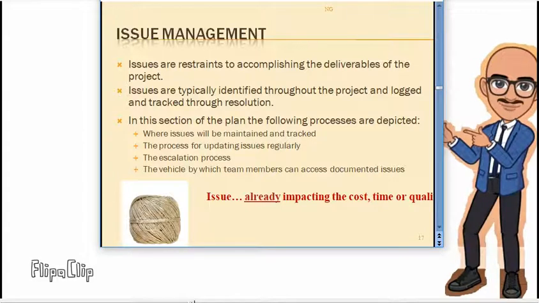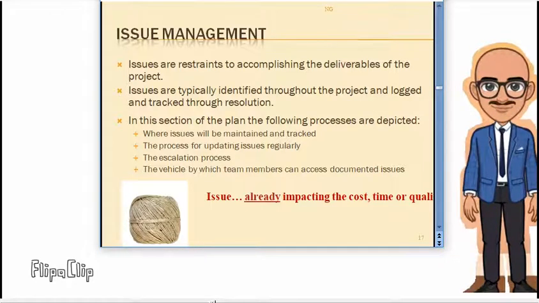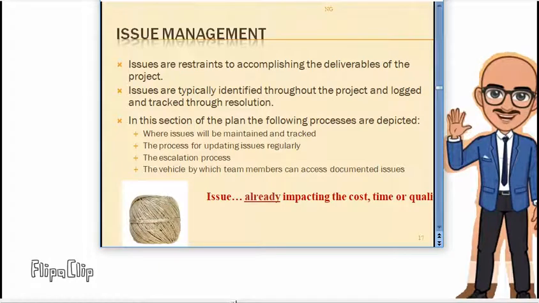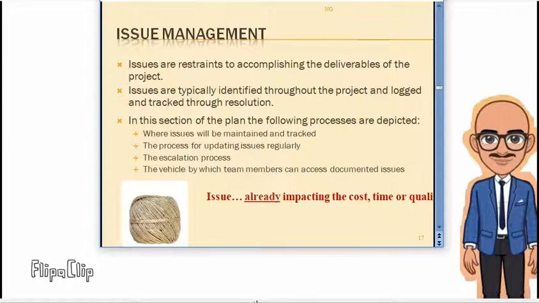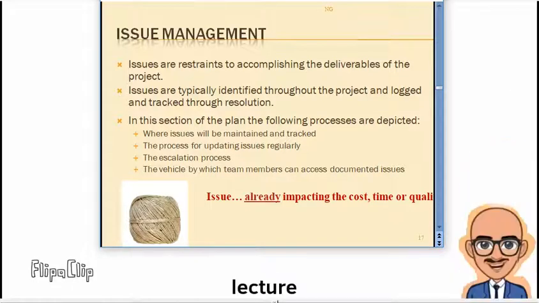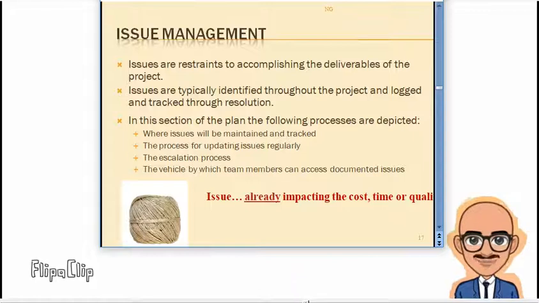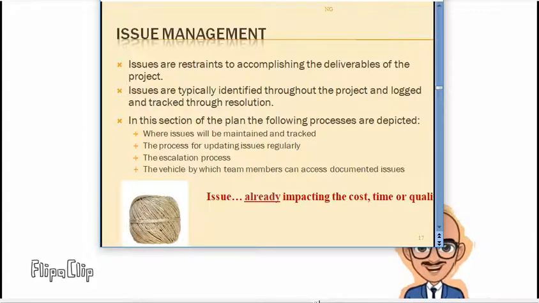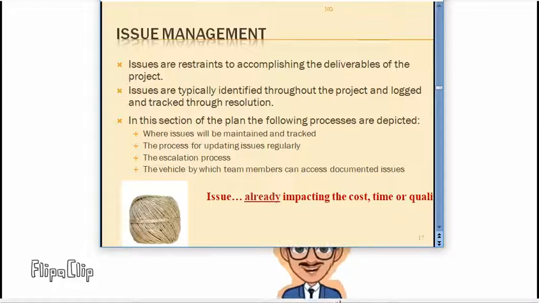Now in this section of the plan, the following processes are depicted. What needs to be done if issues are there? Where will issues be maintained and tracked? How the issues can be obtained, or where during the course of the project the issues may appear, that kind of thing may be noted down beforehand while planning the project.